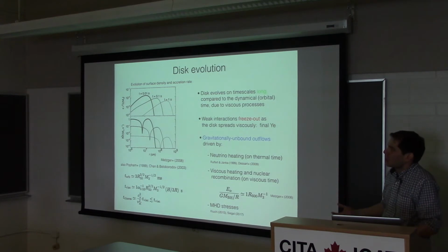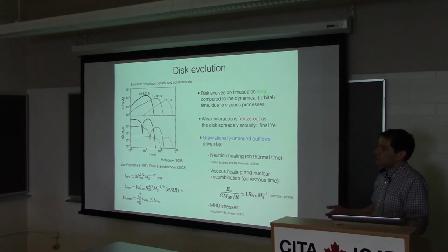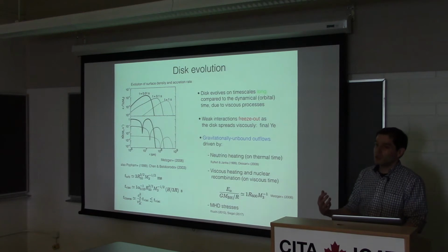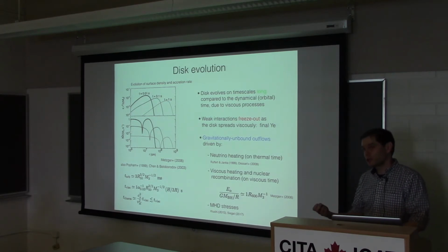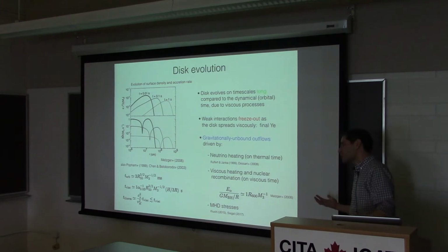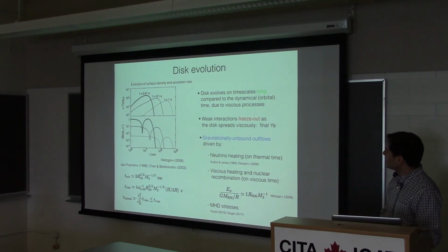And the temperatures are about 5 MeV, and densities of order 10 to the 10, 10 to the 11 grams per cubic centimeter. And under those conditions, neutrino emission is very significant. And so the main coolant of these accretion disks at early time are neutrinos. The optical depth to photons is about 10 to the 20, so they're completely trapped in the system.